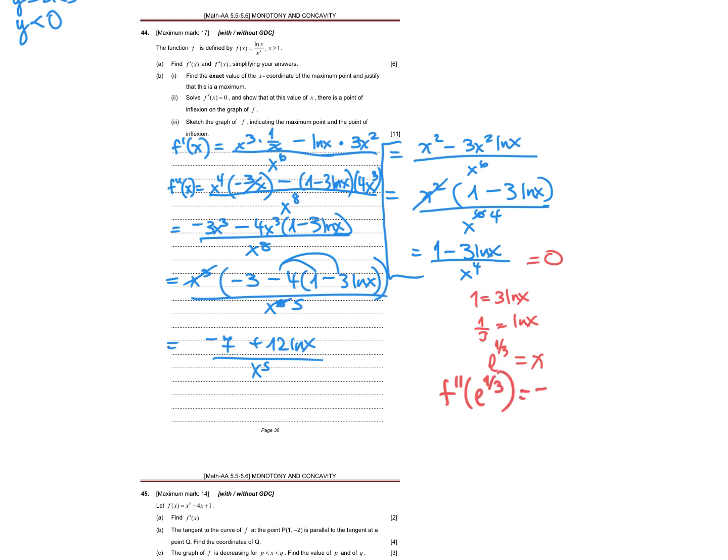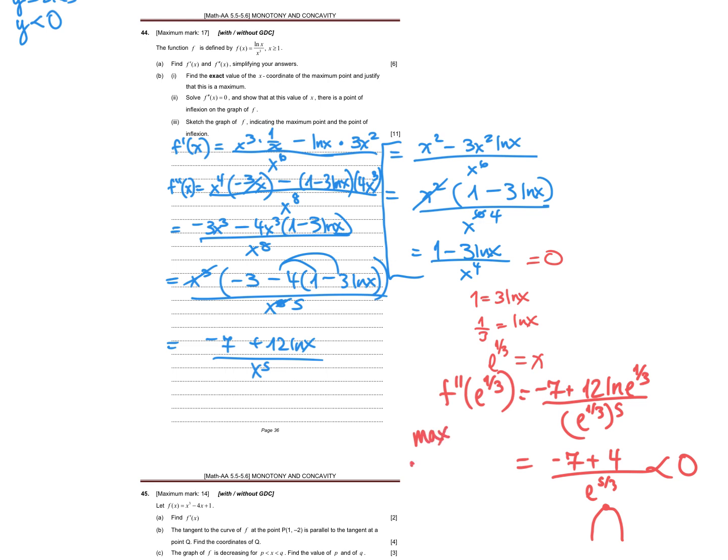And that's going to be negative 7 plus 12 natural log e to the 1/3 over e to the 1/3 to the 5th. Okay, so this is going to be negative 7 plus 12 times a third, because natural log e goes away, so that's 4, and that's e to the 5/3. So this is a negative over a positive, so this is less than 0, which means it's concave down, so there's a maximum. Max at x equals e to the 1/3.